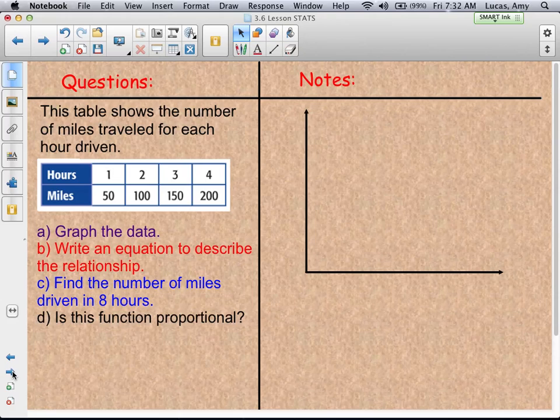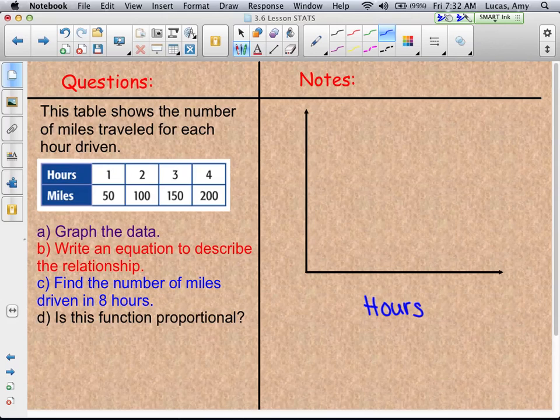Well, to graph the data, I know that my hours are going to have to go on the x-axis because they're independent. And then the miles driven is going to go on the y-axis because the miles depend on how many hours we've driven. So 50, 100, 150, 200.